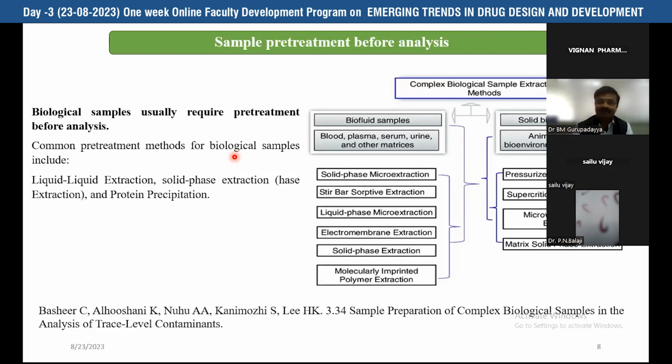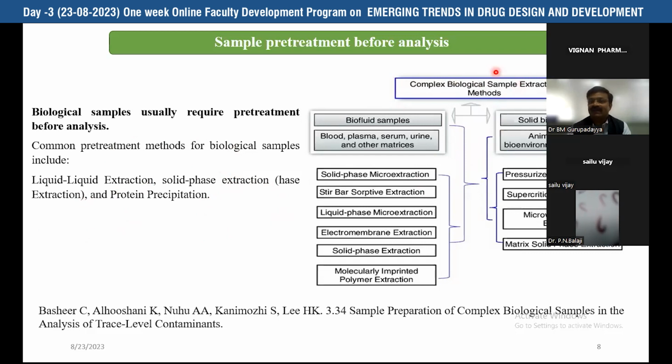This can be done by liquid extraction, solid phase extraction, or protein precipitation. Using these different extraction methods, we recover the drug in a better way. Once the drug is extracted, the process becomes easy.